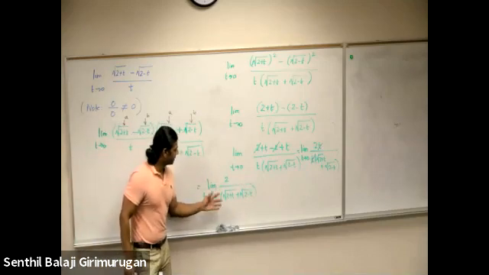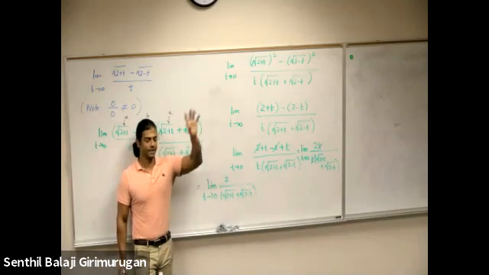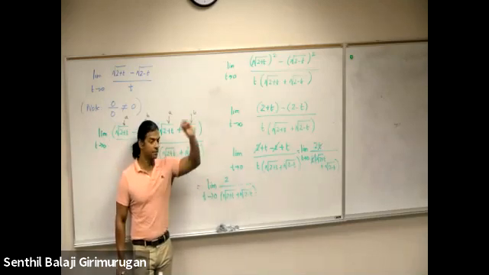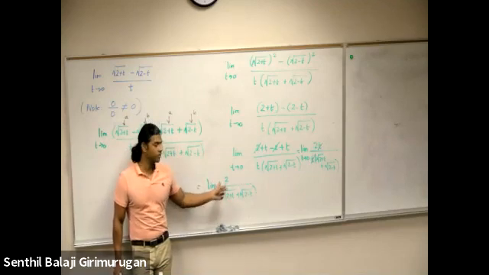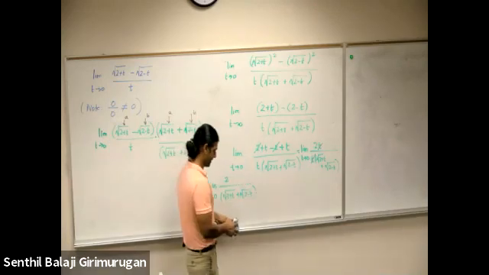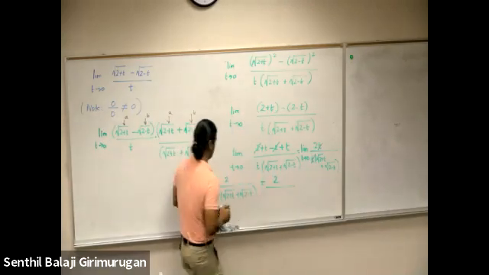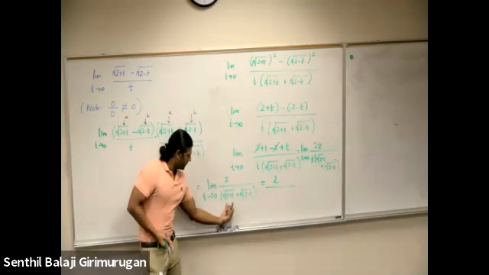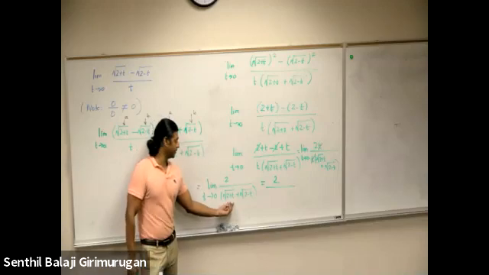With this limit, we know if you have function over function, we can apply the limit separately. Limit as t approaches 0 of 2 is 2, because there is no t. Would that function cause a problem at t equals 0?